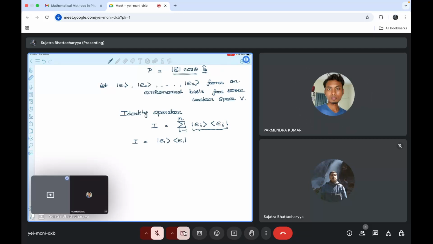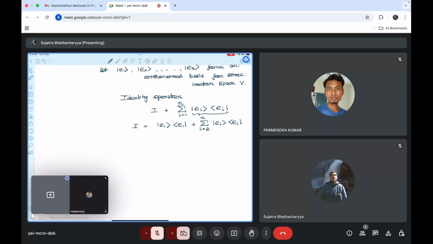So what I am doing is that from this, I am taking the i equal to 1 term outside, and the other terms are kept as they are. Now I will keep this E1 as it is, and take all the other terms on the left-hand side, so i equal to 2 to n, this is Ei.